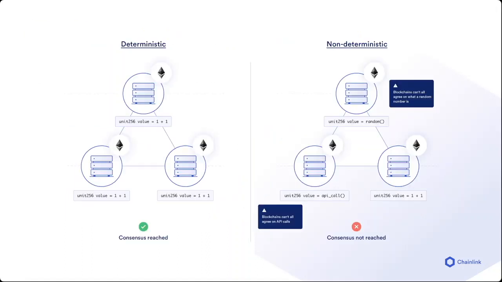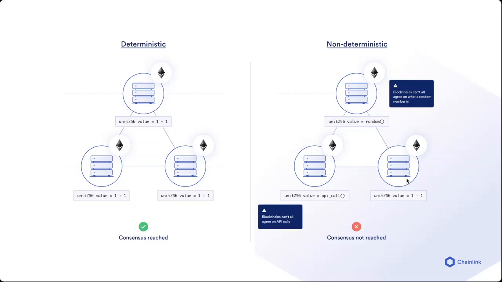Now, just to get a little bit more technical for you, a blockchain can easily say 1 + 1 = 2, and every other node can easily verify this. However, a blockchain can't easily say, okay, let's all grab the same random number, because each node is going to get a different random number. They also can't say, hey, let's make an API call, or specifically an HTTP GET, because if one node calls the API at a different time than another node, they could potentially get very, very different results.